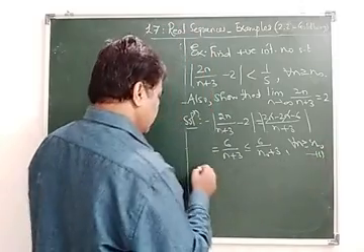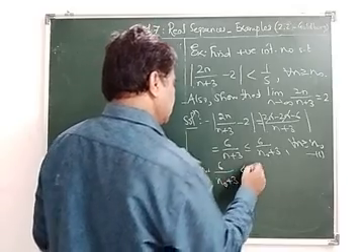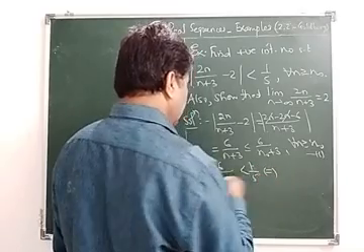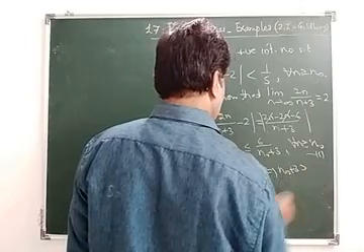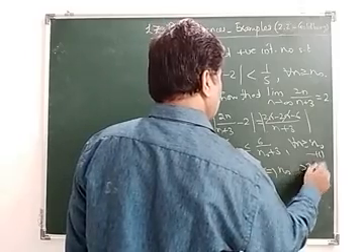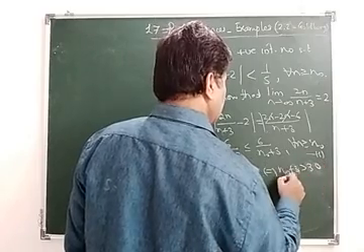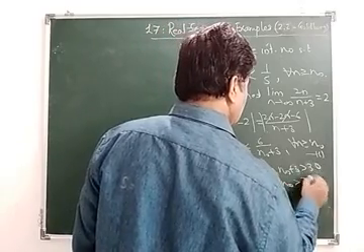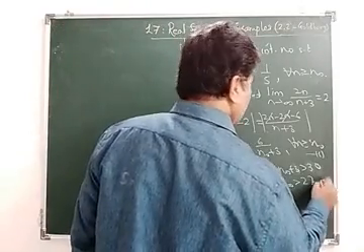Now 6 upon n naught plus 3 is less than 1 by 5. If I take the cross multiplication, we will get n naught plus 3 is greater than 30, and therefore n naught is greater than 27. So I want a positive integer n naught greater than 27.